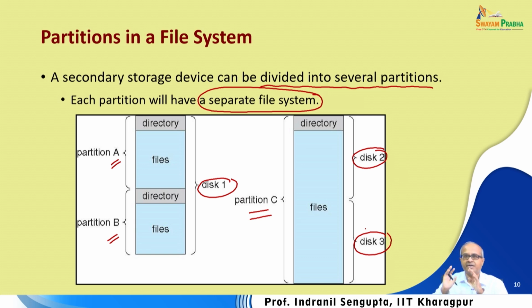Okay. Now, the point to note is that when I say it is a partition, it means it is running some file system. If there are 4 partitions, there will be 4 file systems. Okay. Now, in Linux, as we will see, normally there is one file system called swap, where for virtual memory the swap space is maintained, and the others are the user file systems, whatever you create. Okay. Fine.